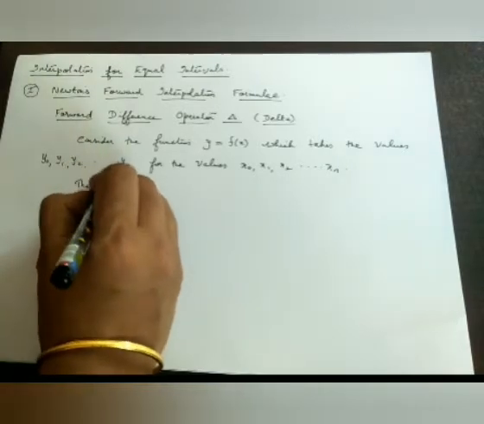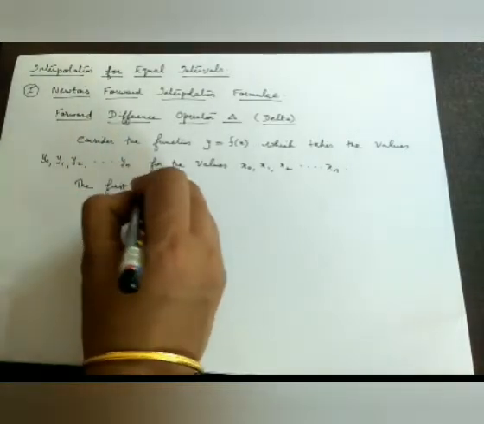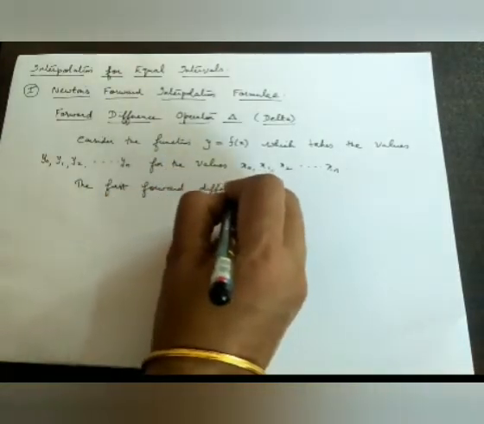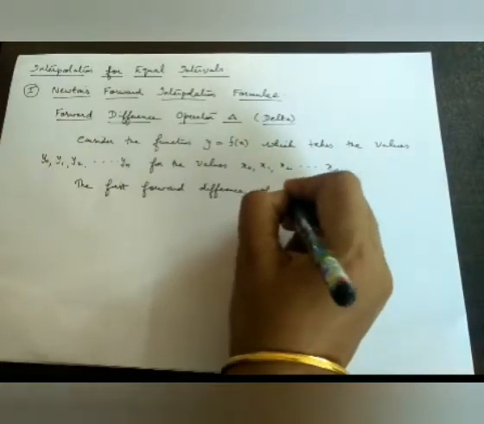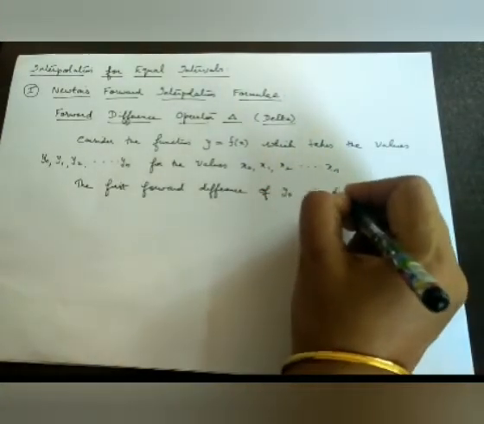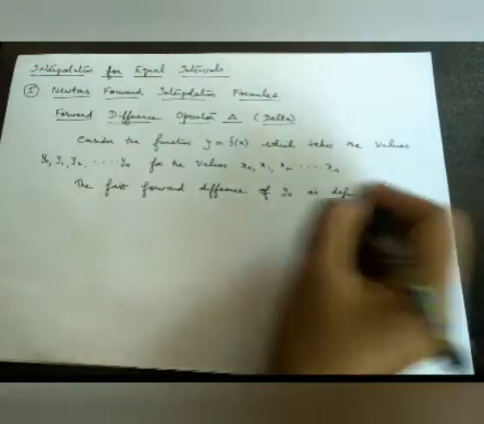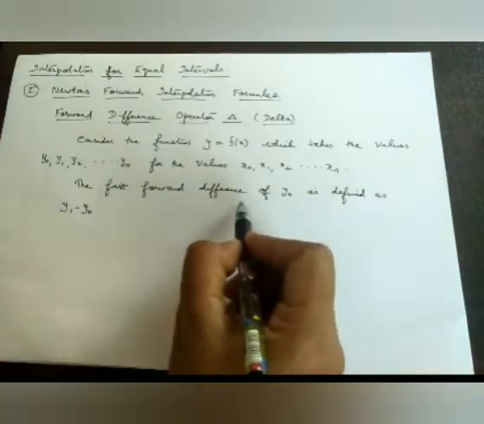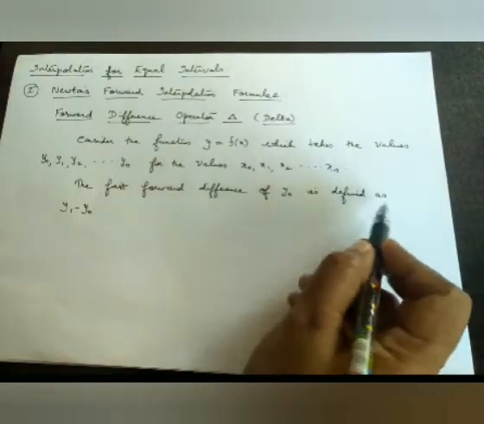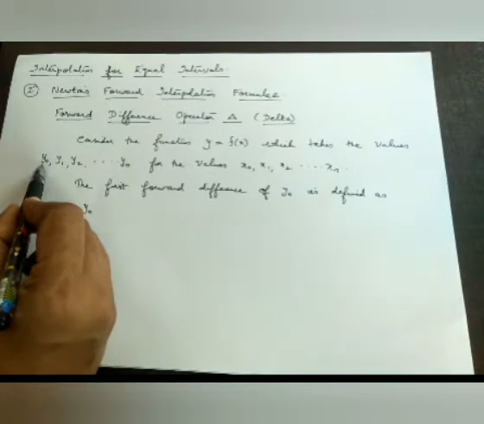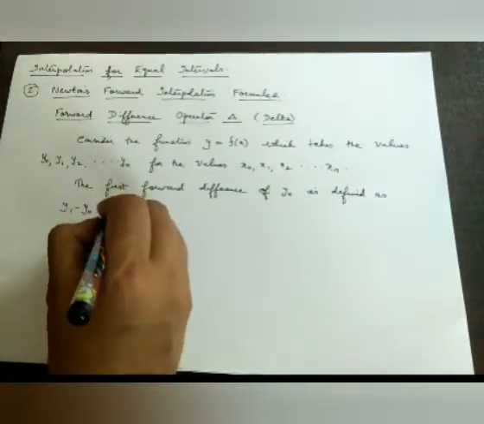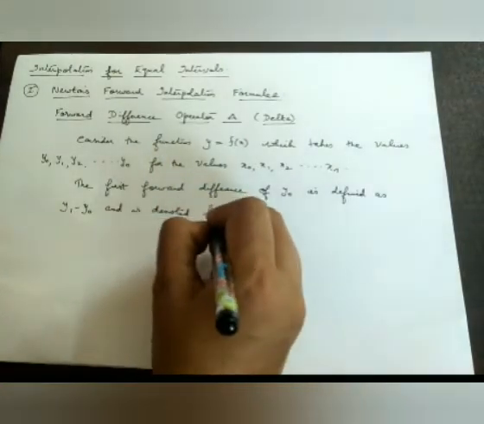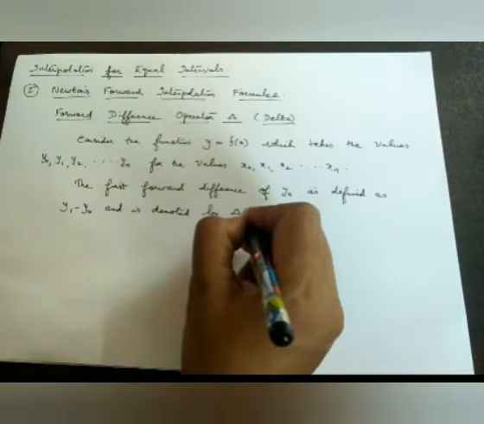The first forward difference of y0 is defined as y1 minus y0, and is denoted by delta y0.